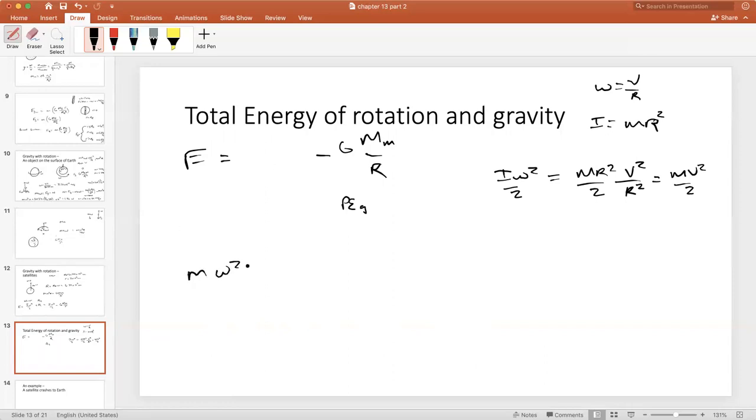Assuming that m omega squared r is our a-rad, our centripetal force, we know that this is equal to m v squared over r. So if m v squared over r is equal to that, how do we turn that into something slightly more usable?